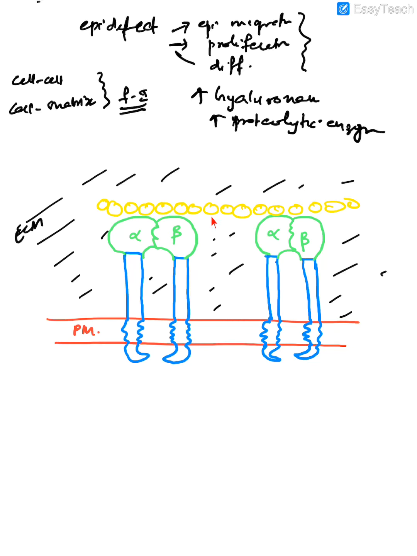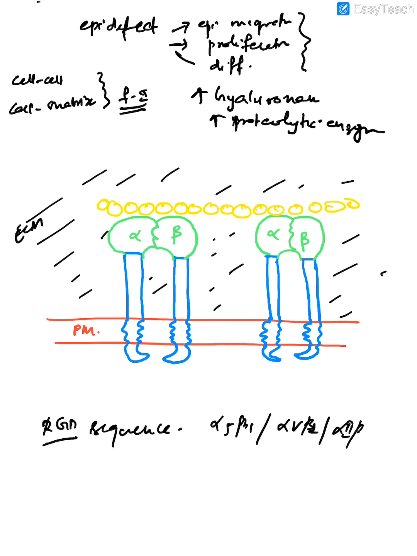The binding of the integrins to the fibronectin is mediated by something called the RGD sequence. In the alpha subunit of the integrin, various sites like alpha 5 beta 1, alpha v beta 1, alpha 2, beta 3, etc. have been discovered where the fibronectin binds via the RGD sequence.